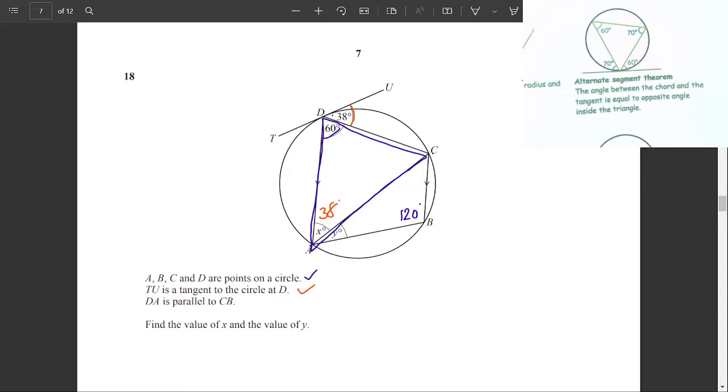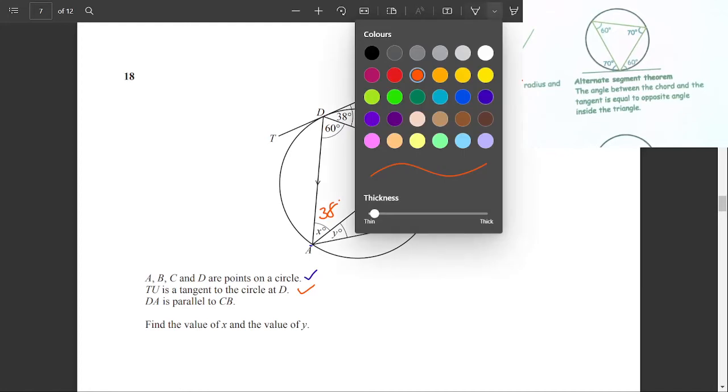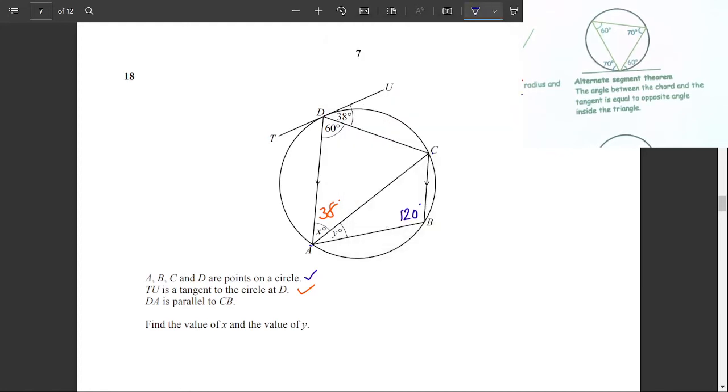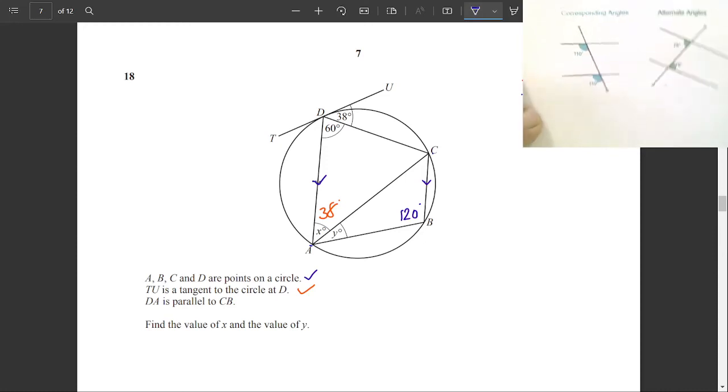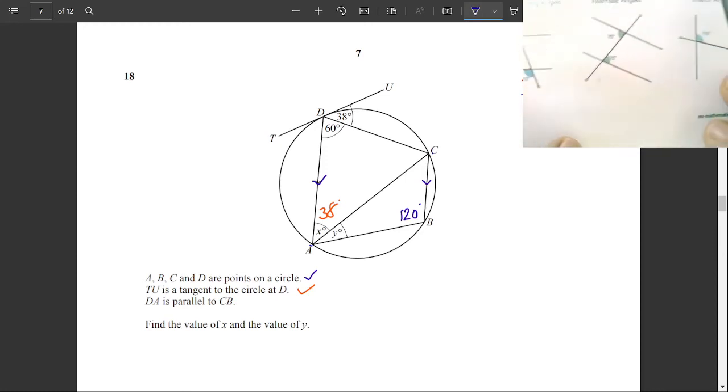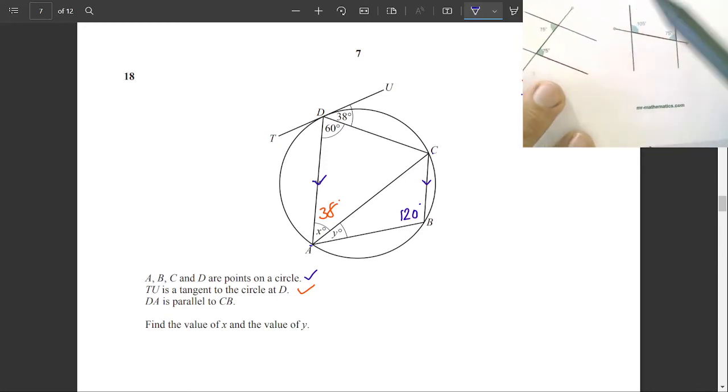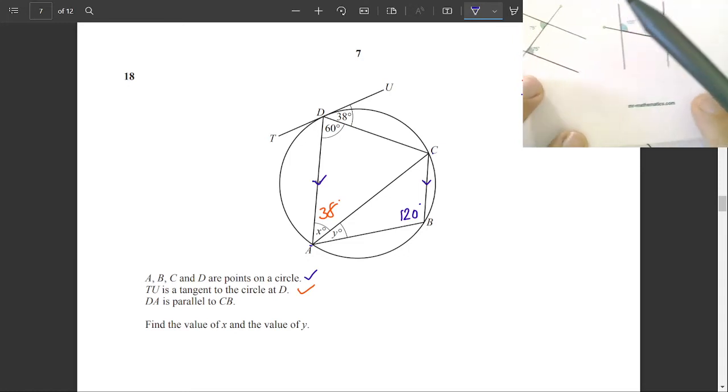Okay. Next, they tell us that DA is parallel to CB. Okay, so immediately they talk about parallel angles. We think about corresponding F angles, alternate Z angles, and co-interior angles adding to 180.